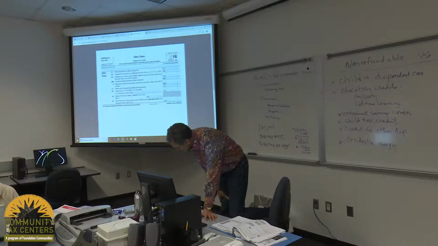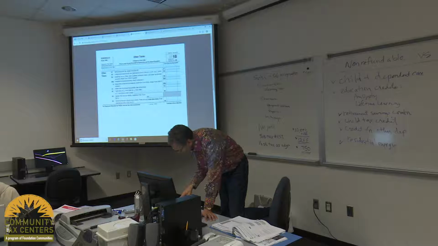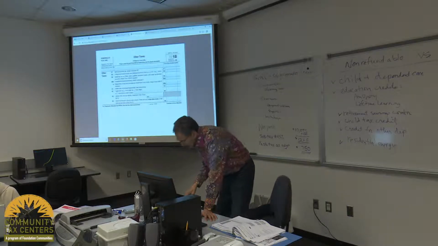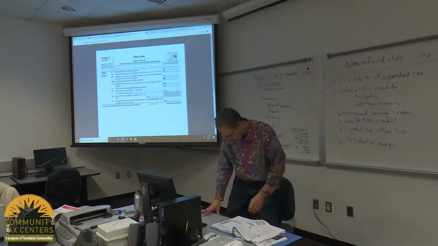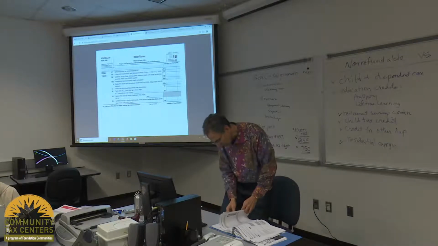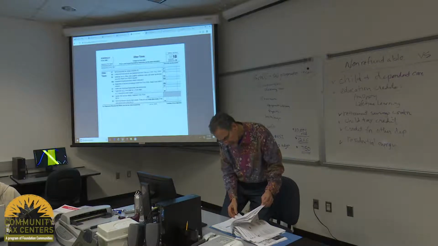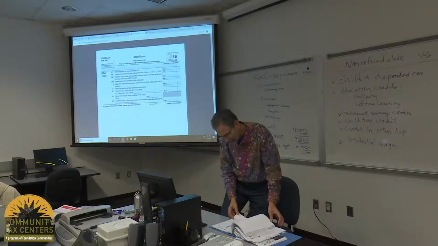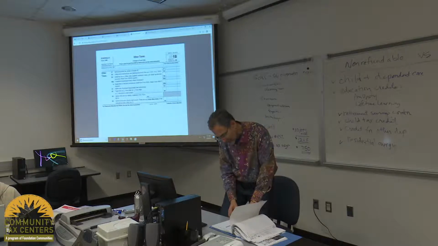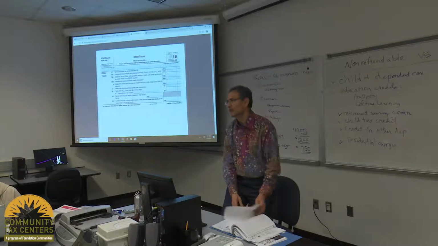It says H1. This is the only reference I'm getting. But the discussion on it, all it says is entered automatically from Schedule SE. TaxSlayer calculates the amount using the entries. Unfortunately, that's all they say.